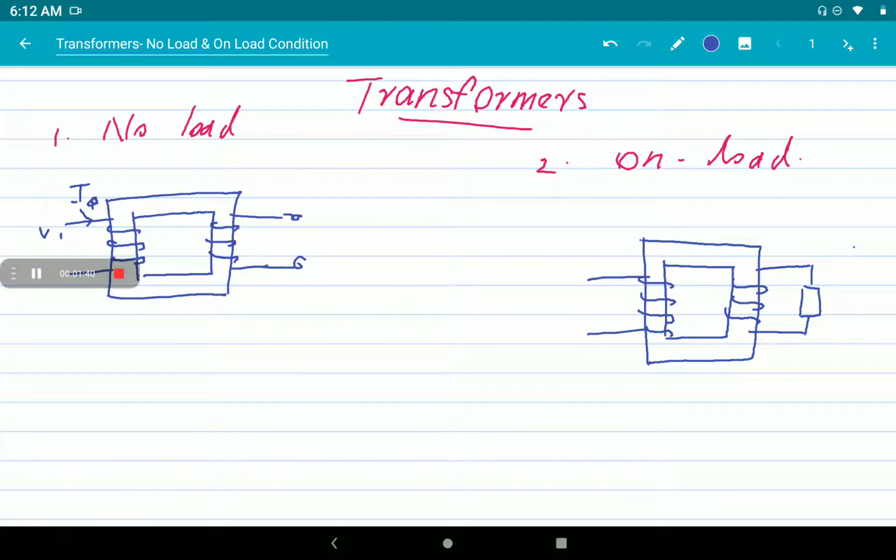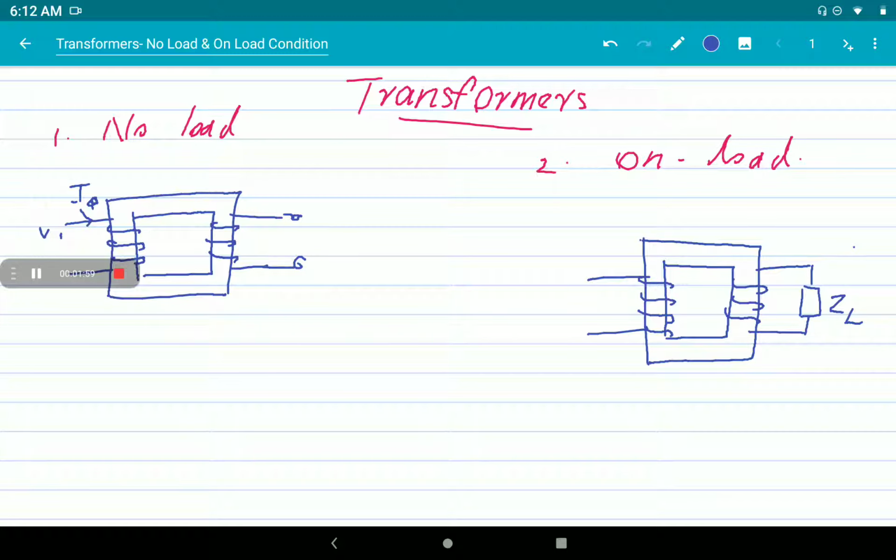When it is put on load, when we connect a load ZL on the secondary side, there is iron loss in the core and copper loss in the winding also. So there will be more current. So we have to consider the copper loss in the winding also.